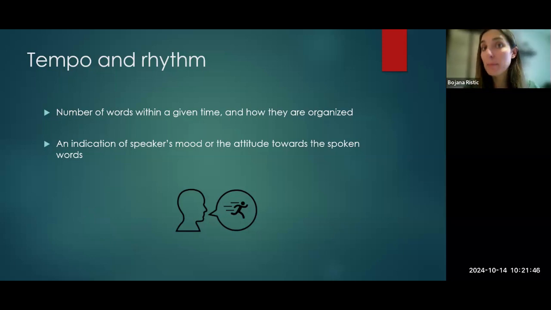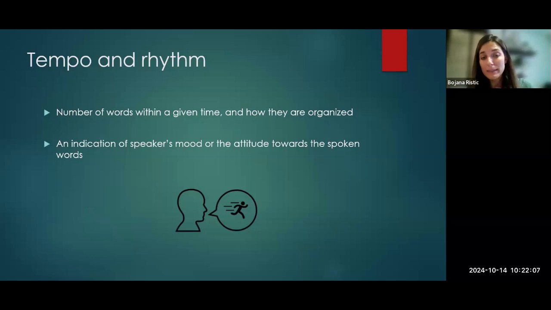Languages have different tempos and rhythms. And then on top of that, a person can speed up or a person can slow down. Pardon. And this can tell us something about the speaker's mood, for example, or the attitudes towards the spoken words.